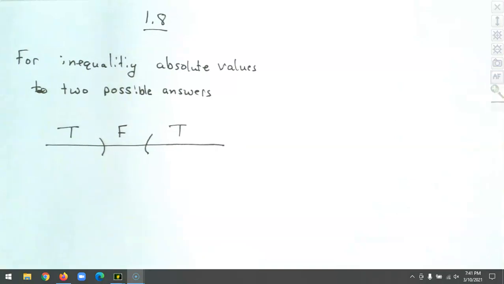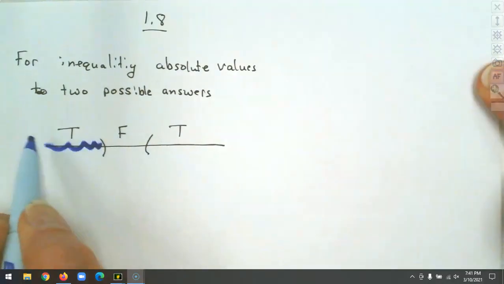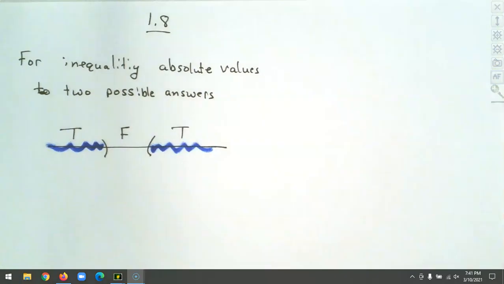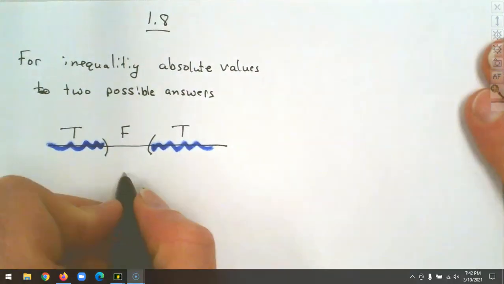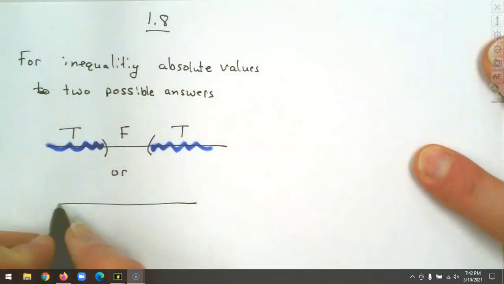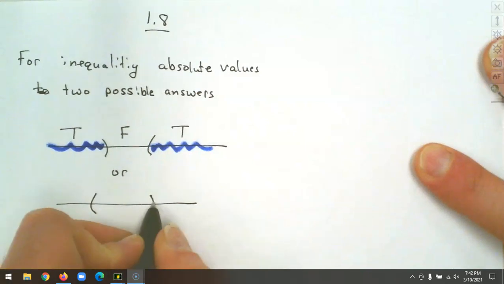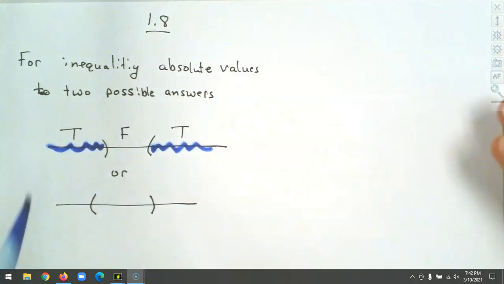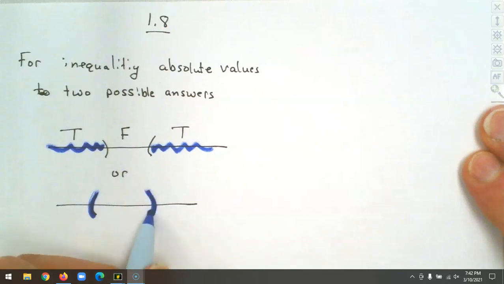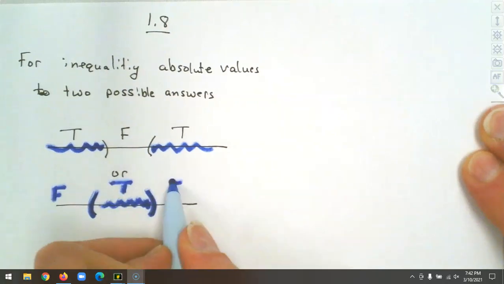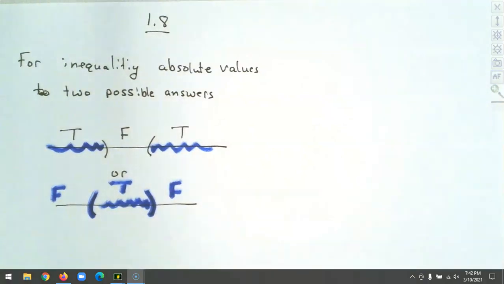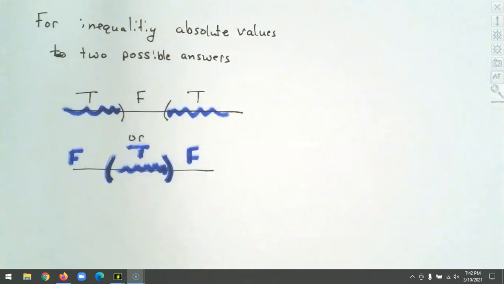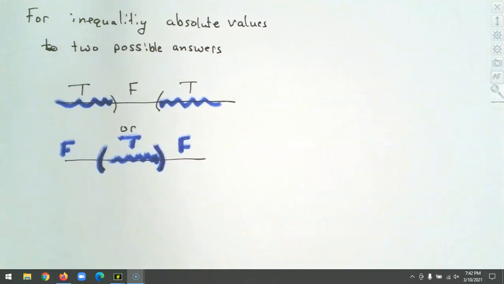And we shade the outer edges again. Or the other possible solution is where it's true in the middle. So on these, all we have to check is 1 point to see if it's true or if it's false. And normally we try and pick 0 because 0 is about the easiest number to check.